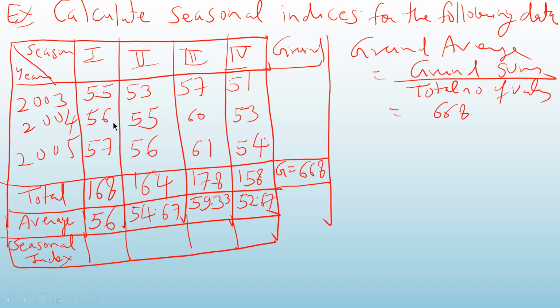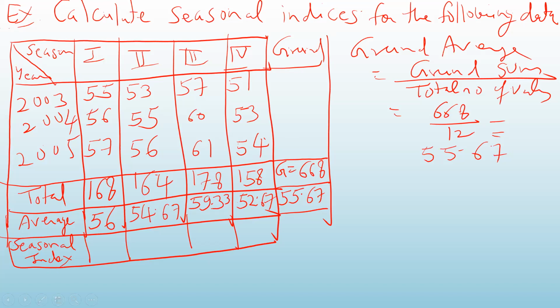How many are there in number? 12. So 668 divided by 12 equal to 55.67. So here you are getting the grand average as 55.67.